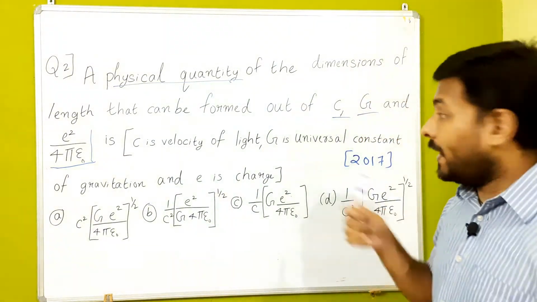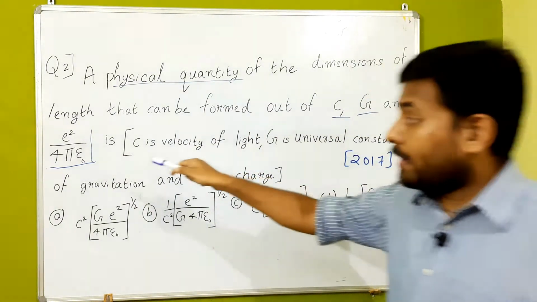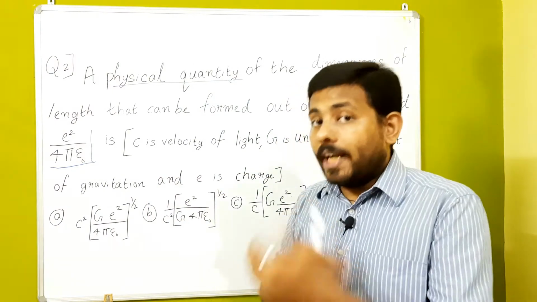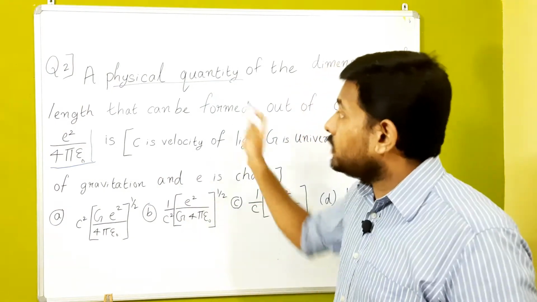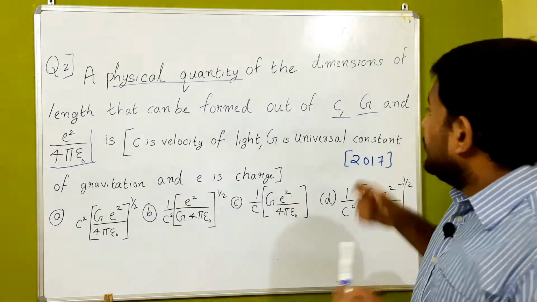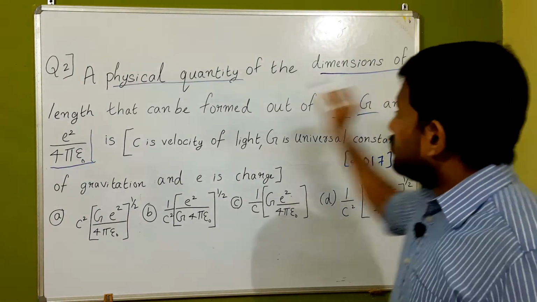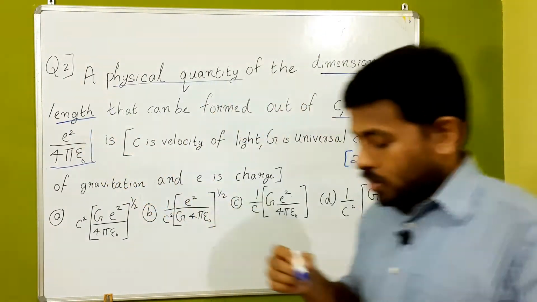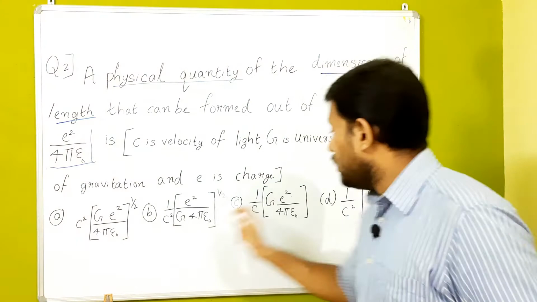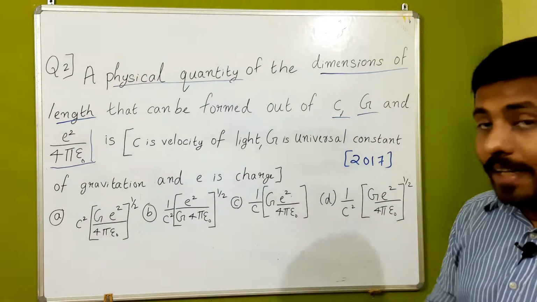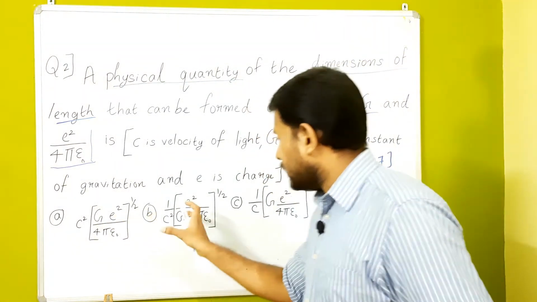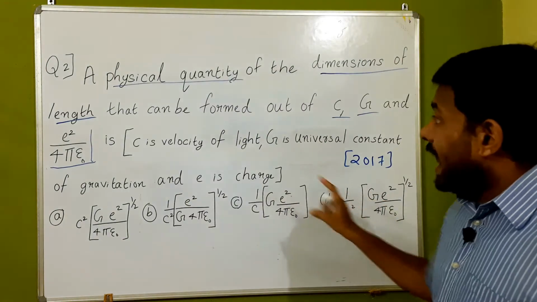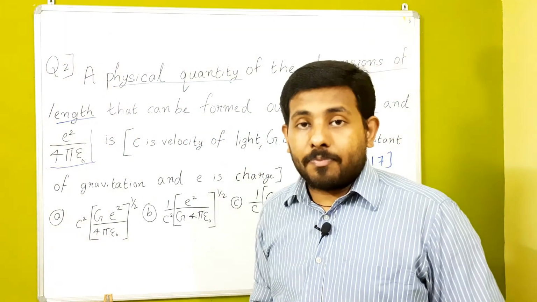So we have to combine c, G and e square by 4 pi epsilon 0 to get a physical quantity whose dimension is equal to the dimensions of length. Four options are given, and we have to find out which of these combinations has the dimension of length.